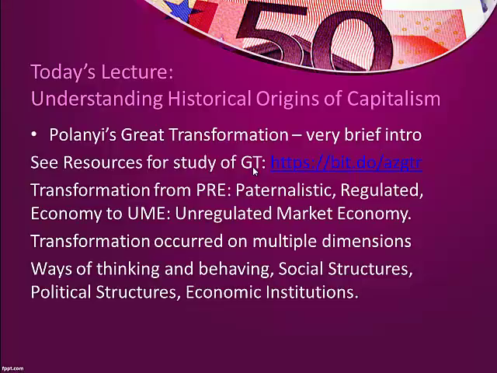Basically, this happened first in England: there was a transformation from a paternalistic regulated economy to an unregulated market economy. A paternalistic regulated economy is one in which you have a society where people take care of each other. That's what paternalistic means. If there is somebody in need, then there are people who are responsible for this.